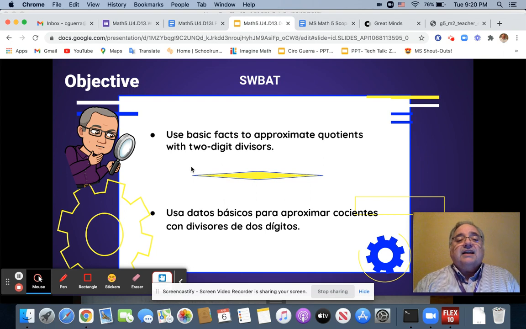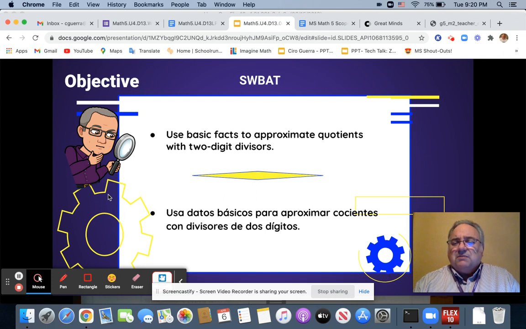So, can I get a brave scholar to read the objective for the day? Excellent. I love strong orators. Scholars will be able to use basic facts to approximate quotients with 2-digit divisors.